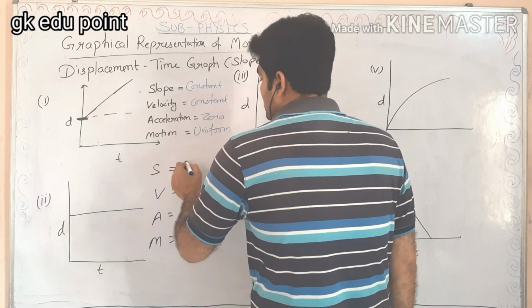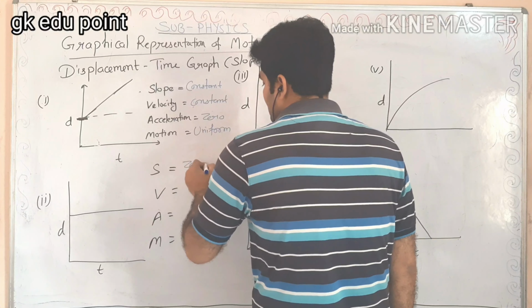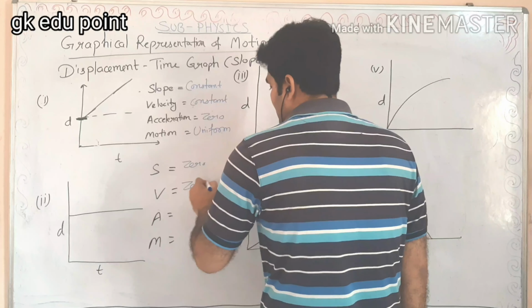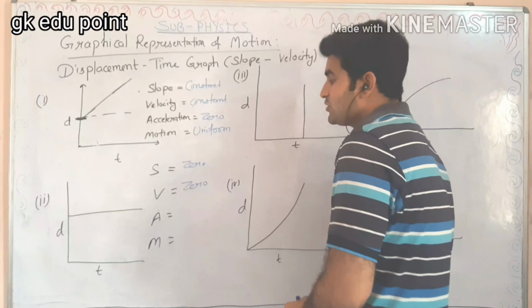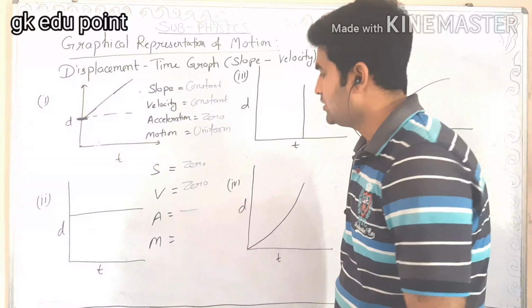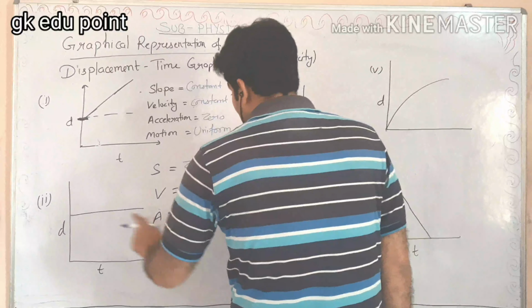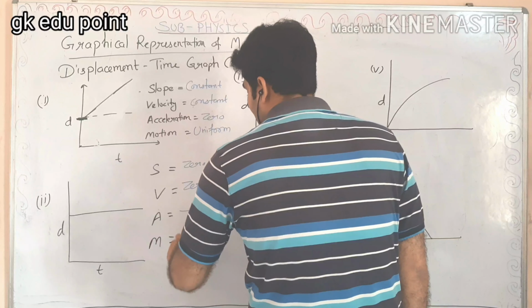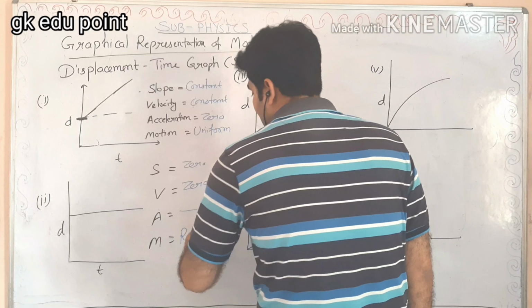So the slope is considered 0. If the slope is 0, velocity will be 0 here. If there is no velocity, we don't need to calculate acceleration. So definitely the particle is not in motion.